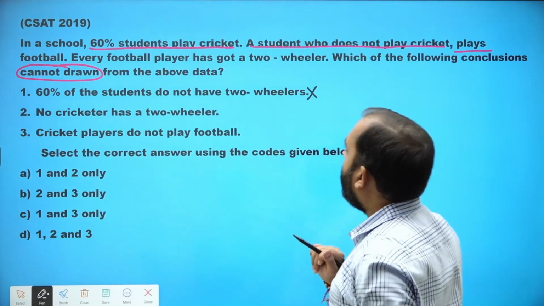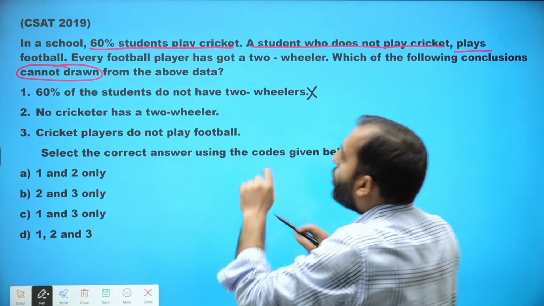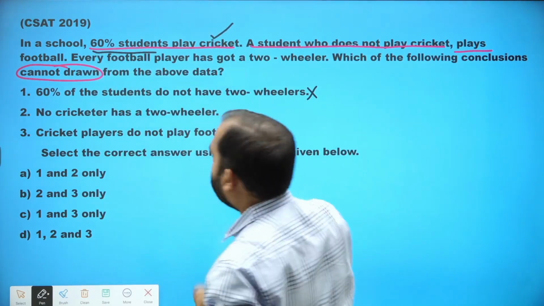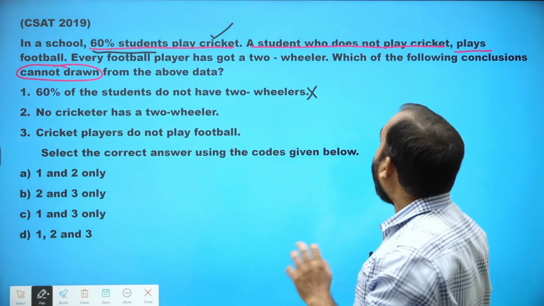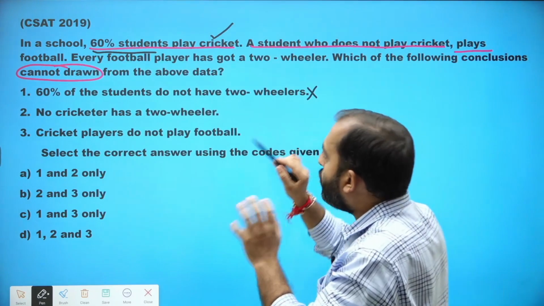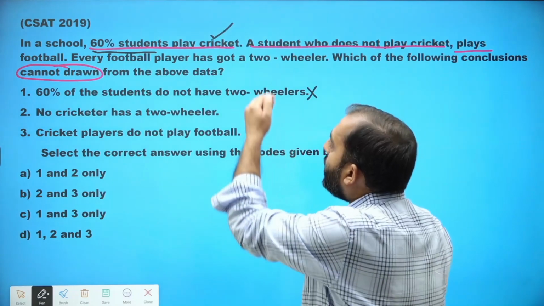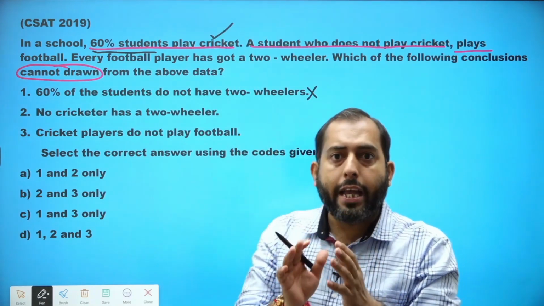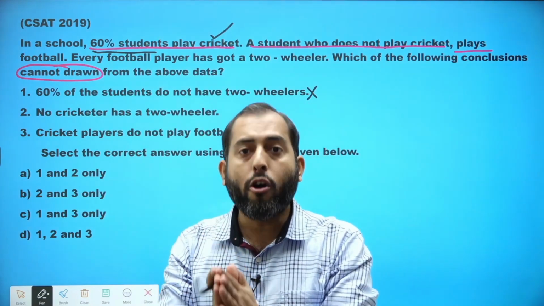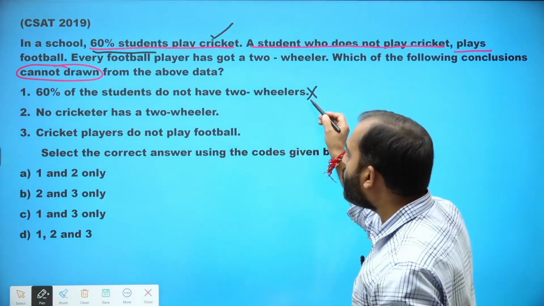Why? Because this question talks about 60% students who play cricket, and then talks about those students who play football. So this question is not saying anything regarding the two-wheelers owned by cricket players. So that is why I cannot conclude this.